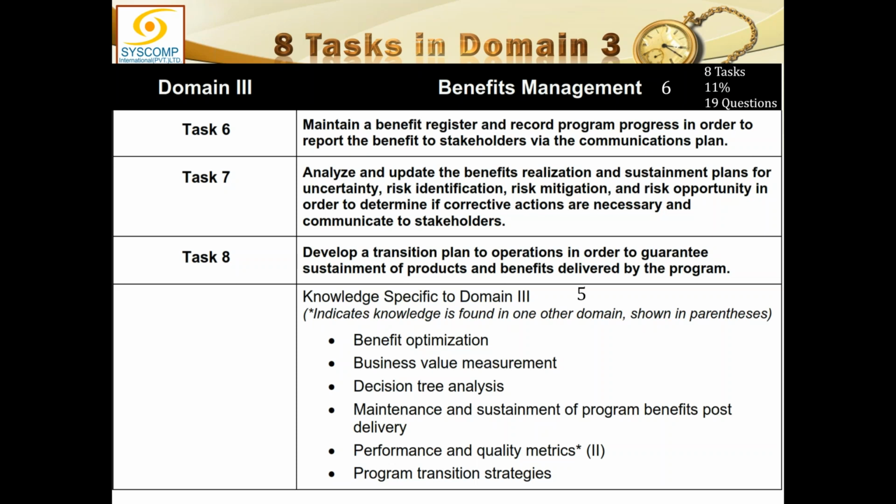As far as the realization plan is concerned, this is specific: which benefits are to be realized by what time and whatever is required for them. So this is the result of the application of the benefit management plan. The benefit realization plan is the ultimate result, or the baseline, which is created based on the benefit management plan.